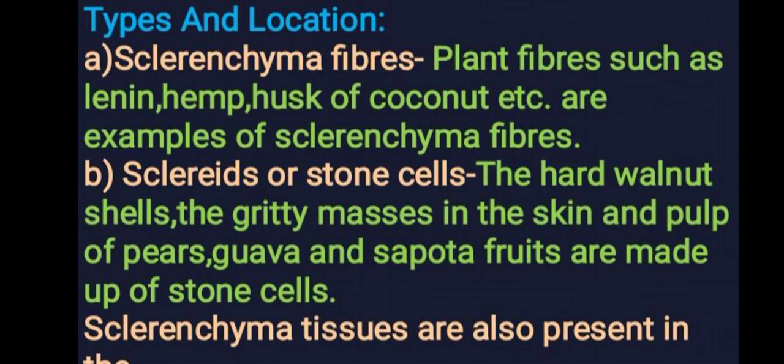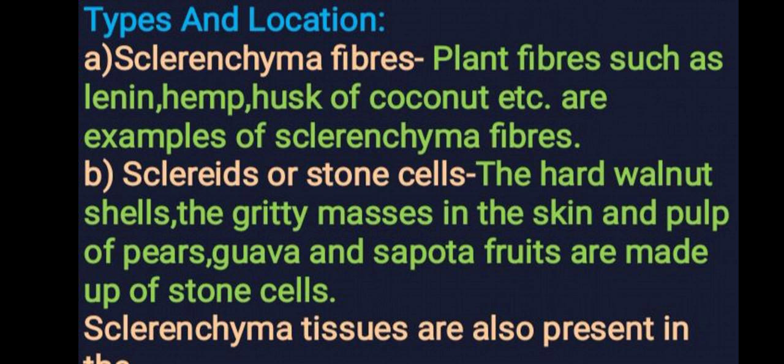Types and location. Sclerenchyma tissue can be of two types: Sclerenchyma fibers and sclereids or stone cells. Sclerenchyma fibers are the plant fibers such as those in linen, hemp and husk of coconut.